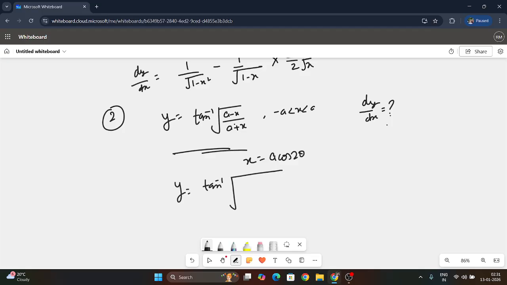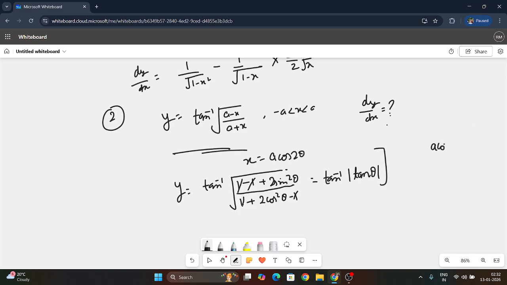If you put a cos 2 theta, the a gets cancelled: 1 minus cos 2 theta is 2 sin square theta, divided by 1 plus cos 2 theta, which is 2 cos square theta, and the 2 gets cancelled. Sin by cos is tan, so tan inverse of mod of tan theta. So this is what we are getting. Now we have to observe one thing, that x is a cos 2 theta.